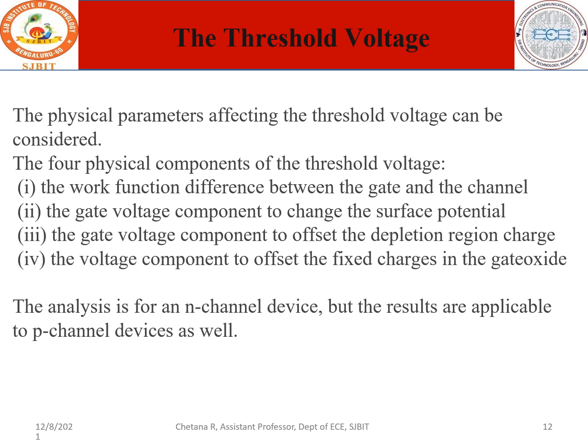Next, it depends on the gate voltage component to change the surface potential. So VGS is also responsible, because based on this the surface potential is going to vary. Next is the gate voltage component, which is responsible to create an offset in the depletion region charge. So depending on the amount of the gate voltage, the offset of the depletion region is totally dependent, and that is what we need to focus on, VGS.